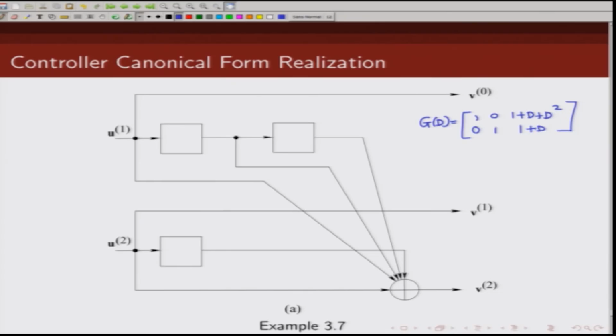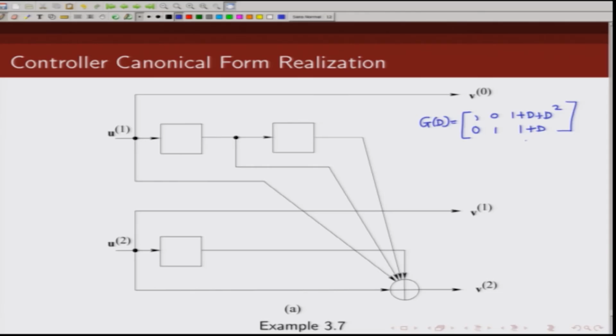Okay. Now, what is the first output? First output is directly input U1. So, this is my U1. Second output is directly U2. This is basically this. And the third output is 1 plus D square of U1.